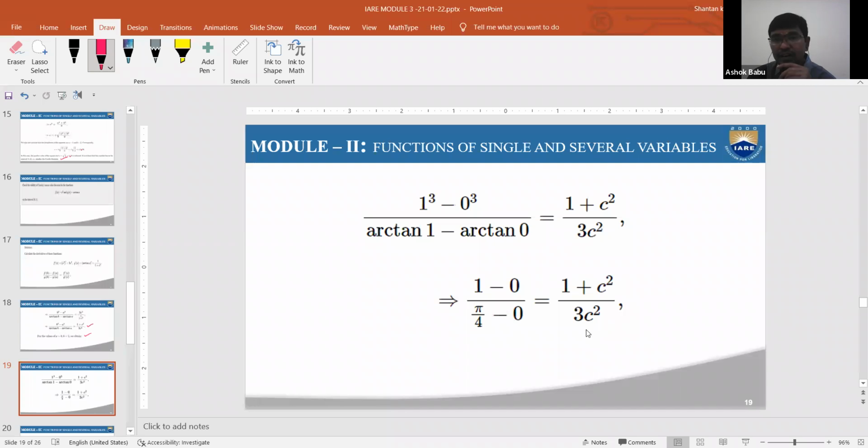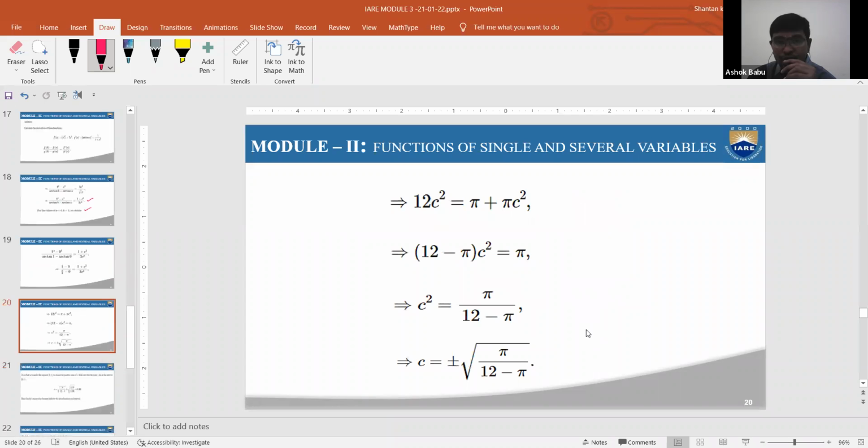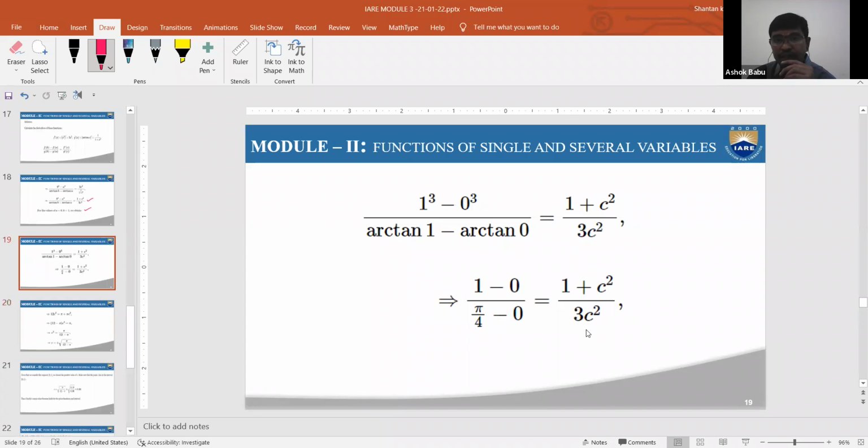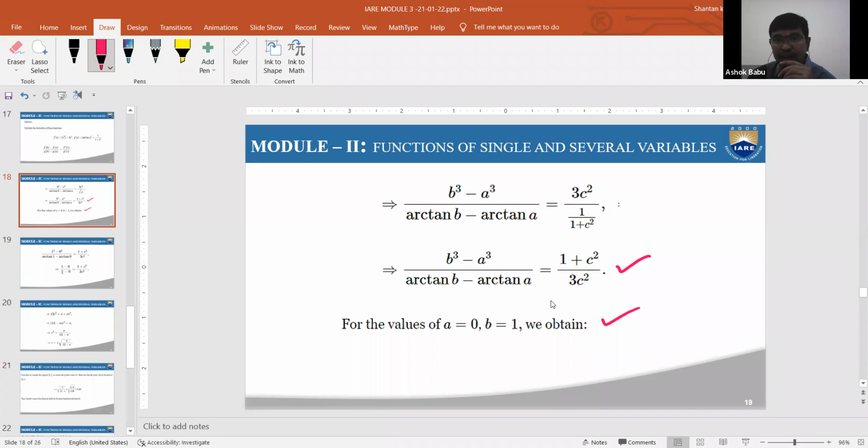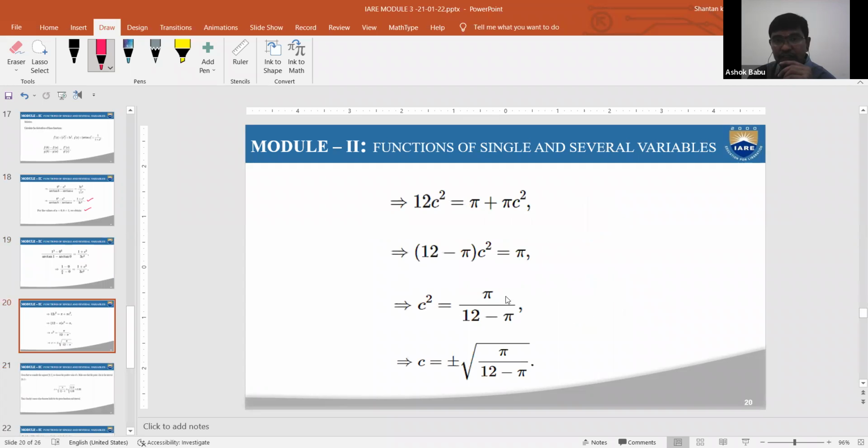The right side has no change. After simplification, the LHS is 4 by pi, which is equal to the right side, 1 plus c square by 3c square. After cross multiplication, you obtain 12c square is equal to pi plus 5c square min pi. After rearrangement and simplification, you obtain c is equal to plus or minus square root of pi by 12 minus pi.